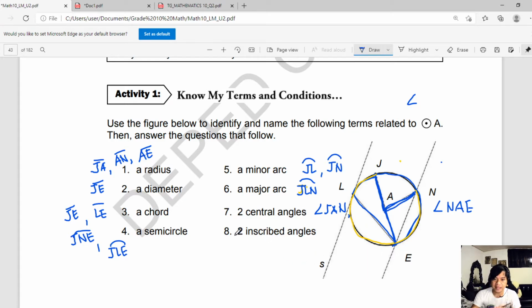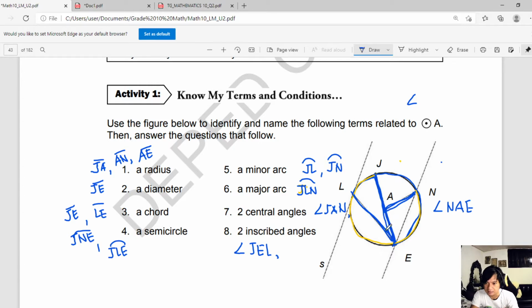Next, we will identify inscribed angles. So, ano ba yung inscribed angles? First, pwedeng ito. This one is an inscribed angle: angle JEL. So, angle JEL is an inscribed angle.